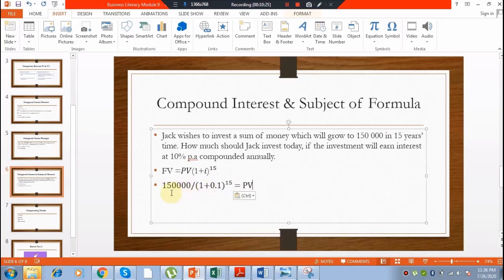So we want to punch in this scenario in our calculator so that we can find the value of the present value, right? Now we're going to go to our calculator.